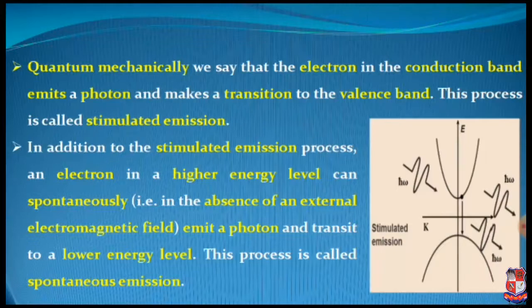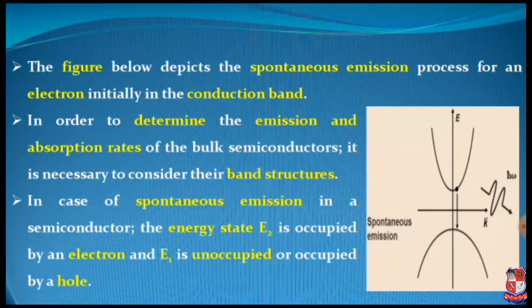So here in the emission mechanism we have to consider two different processes, stimulated emission and spontaneous emission. Here again the figure below depicts the spontaneous emission process for an electron initially in the conduction band.